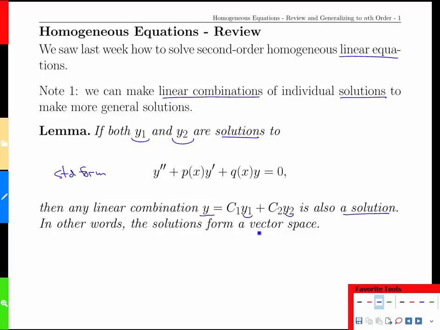And for those who have a little more experience with linear algebra, we could say that those functions, y1, y2, are a basis for a vector space, and the general solutions would be a vector space. If you're not as familiar with linear algebra, don't sweat it. Just know that you can construct the general solution from building blocks of simpler solutions.